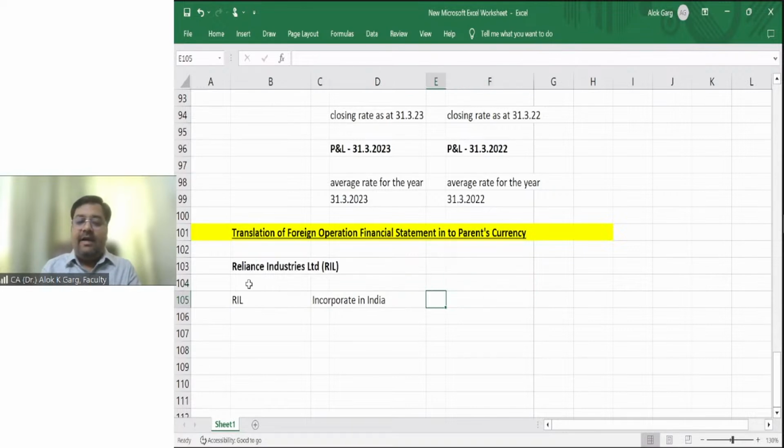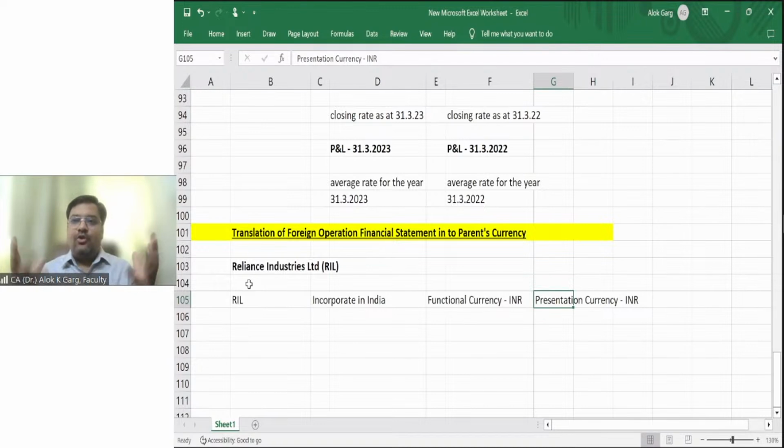What is the functional currency of RIL? INR. What is the presentation currency of RIL? In which currency is it presenting its results? INR, right? RIL is an Indian company. Although it has global operations and is doing a lot of overseas transactions, the functional currency of RIL is INR and the presentation currency is also INR.